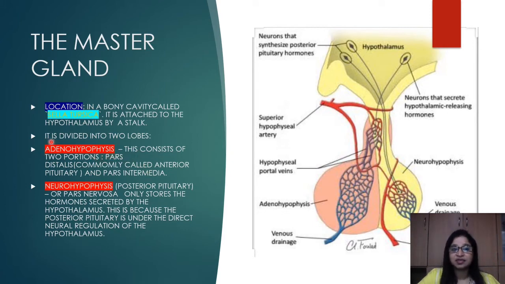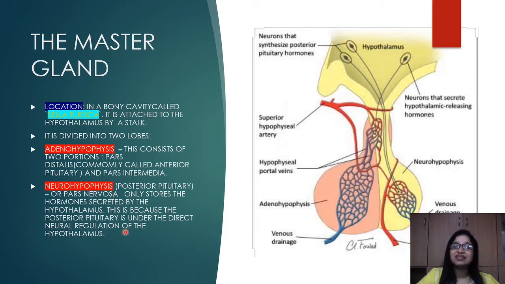Now you have to understand, hypophysis stands for the pituitary and adeno means a glandular part of the pituitary. Whereas neurohypophysis is the neuronal part, that is the part which is connected to the hypothalamus through the axonal endings. So we call it the neurohypophysis. Now, hormones secreted by the hypothalamus are stored in the neurohypophysis.